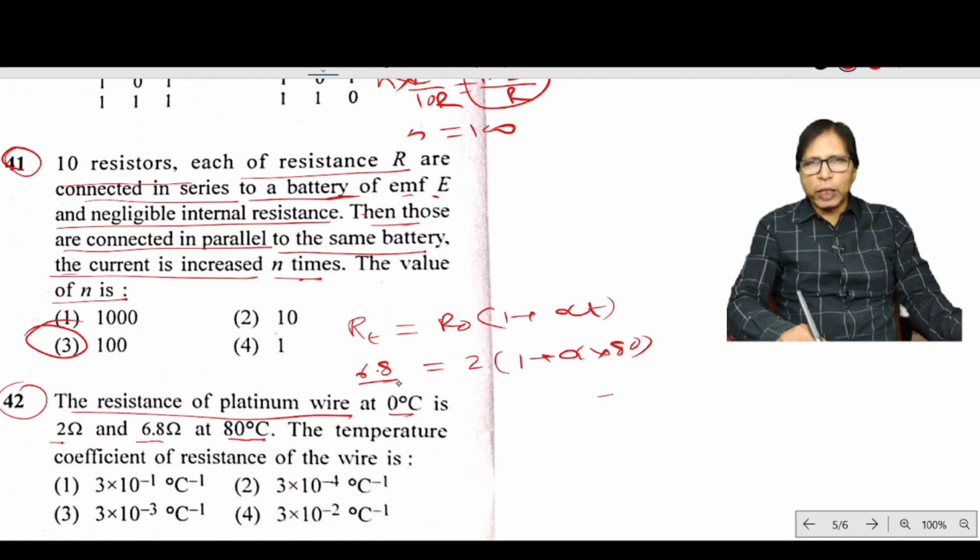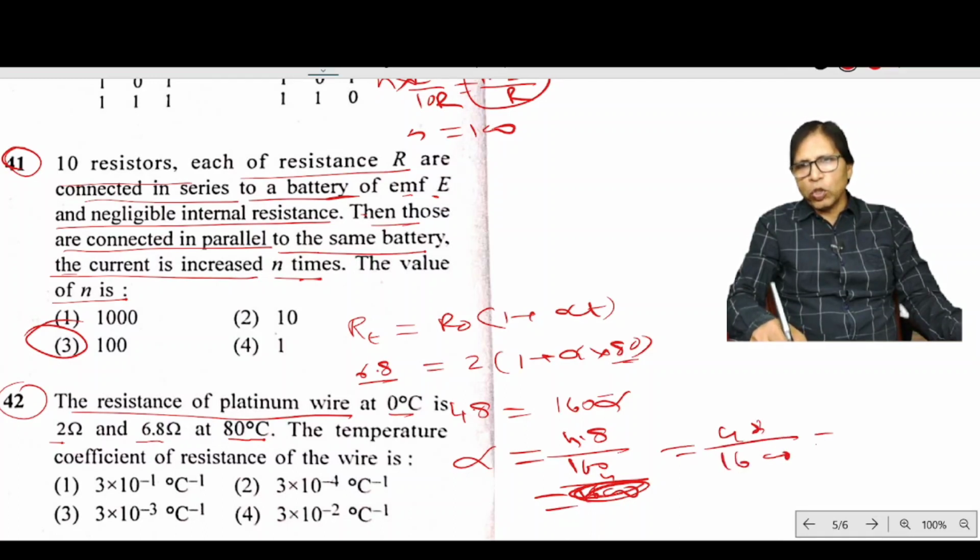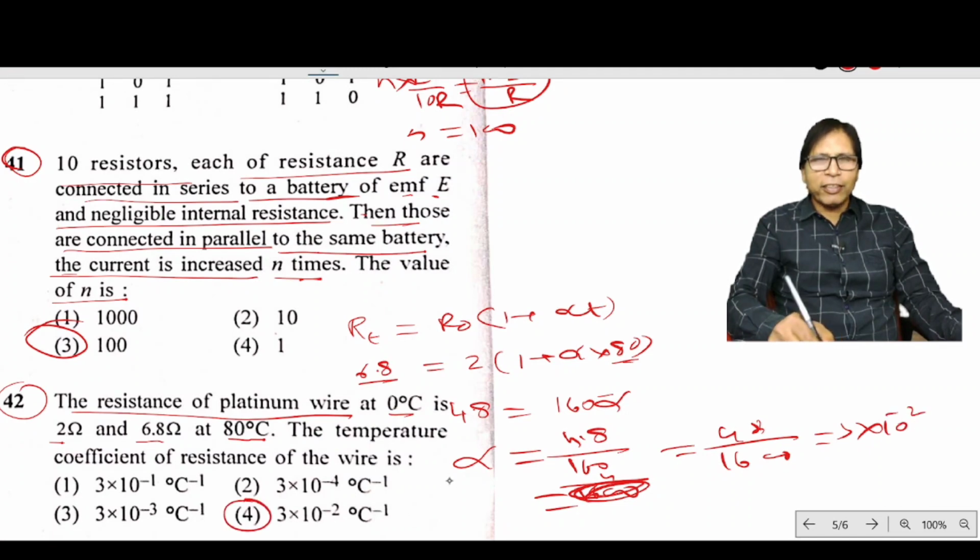So 6.8 minus 2 is 4.8, which equals 160 alpha. So alpha equals 4.8 divided by 160, which is 48 divided by 1600, so 3 into 10 to the power minus 2. This is the correct option.